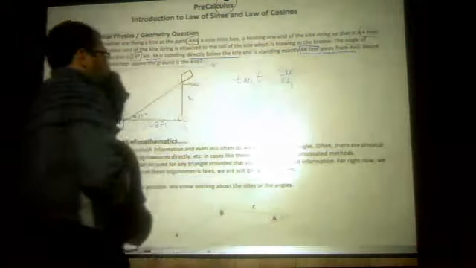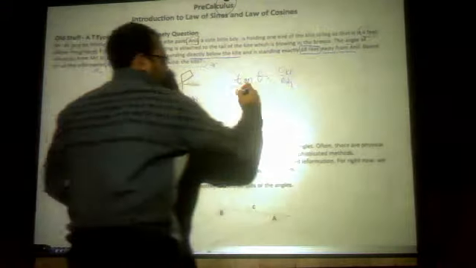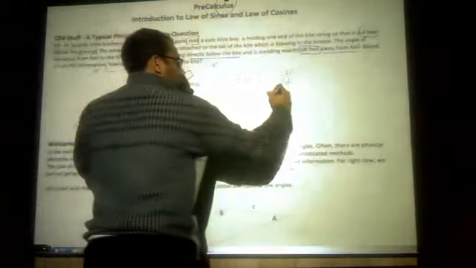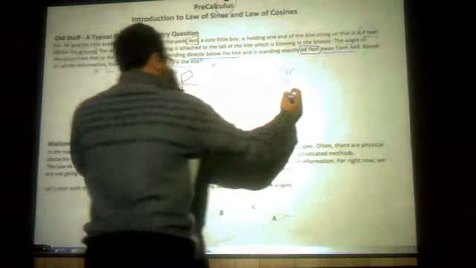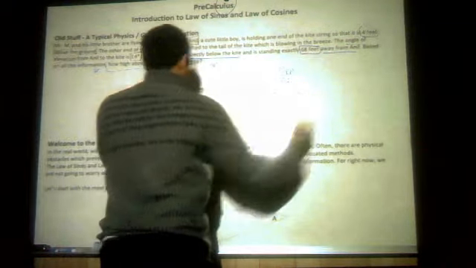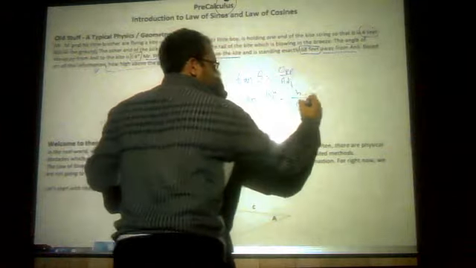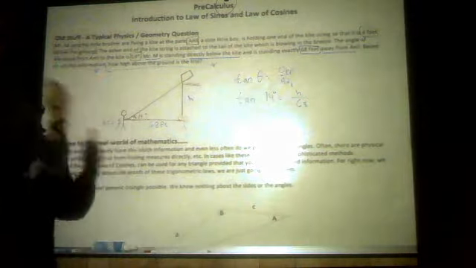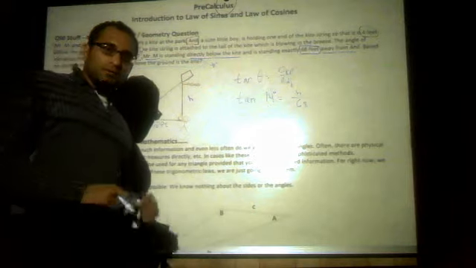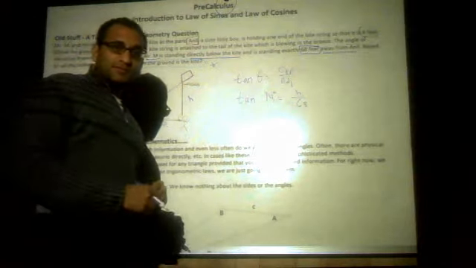So that will help me find my height. The tangent of my angle, 14 degrees, is equal to the opposite, which is h, divided by my adjacent, which is 68 feet. Can I solve for my height? I think so. We'll do it.